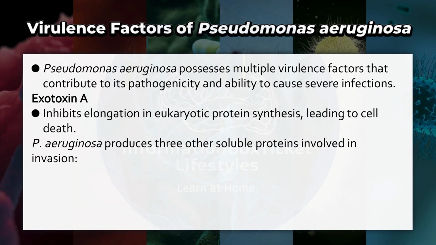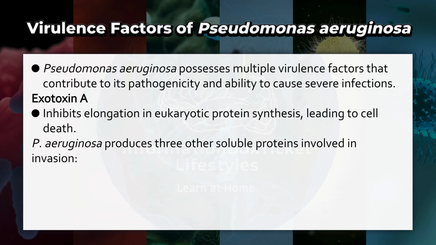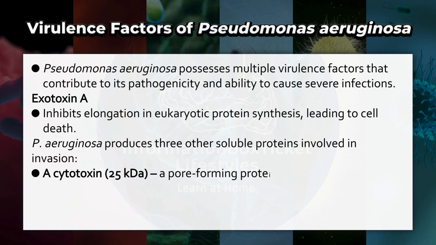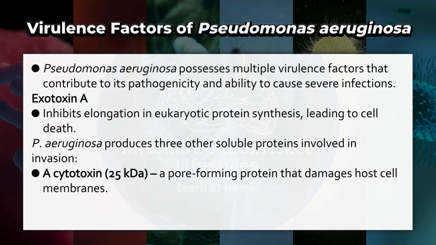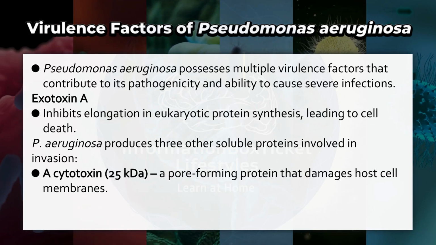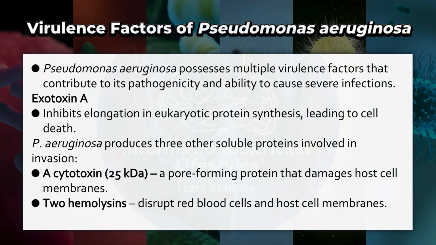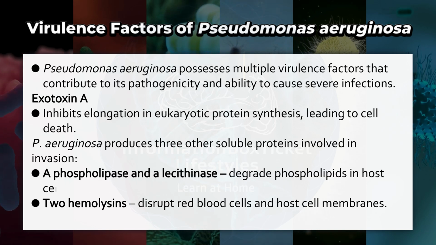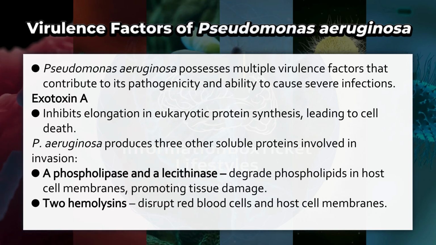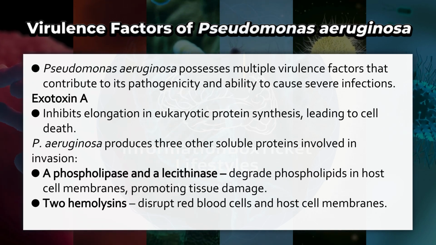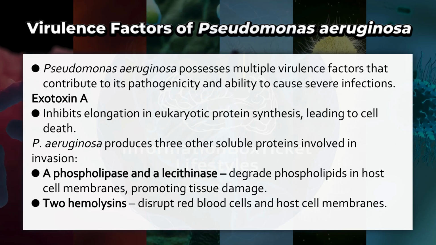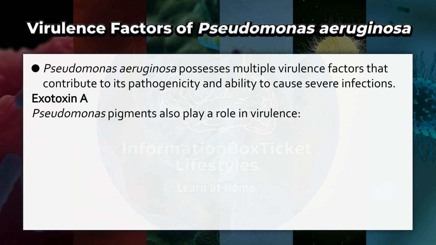P. aeruginosa produces three other soluble proteins involved in invasion: a cytotoxin, 25 kilodaltons, a pore-forming protein that damages host cell membranes; two hemolysins, which disrupt red blood cells and host cell membranes; a phospholipase and a lecithinase, which degrade phospholipids in host cell membranes, promoting tissue damage.